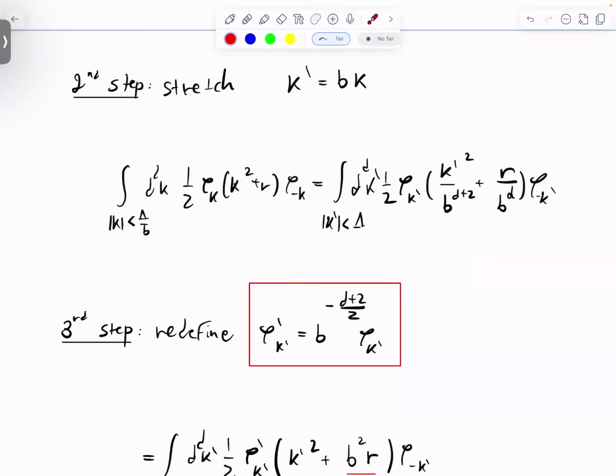How did we choose it? We chose it such that this term is invariant, okay? And what we mean is that if we define the RG transformation the way I just did, that part of the action is actually invariant under the transformation.